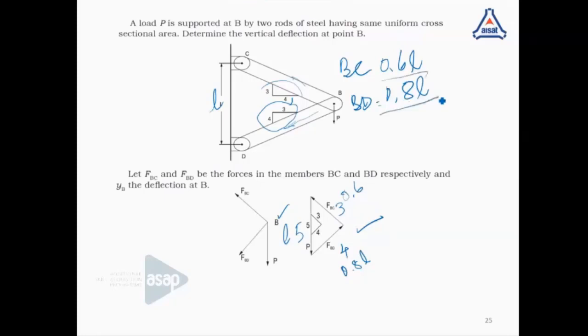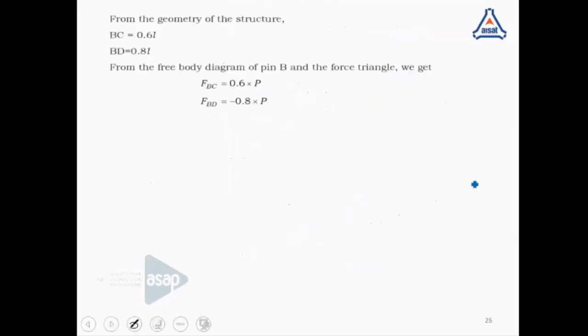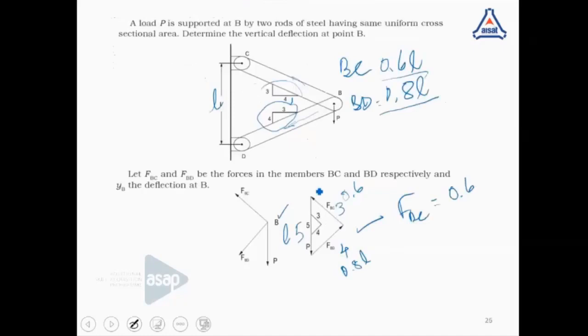Using the same approach, FBC is equal to 0.6 into P, where P is the applied load acting along the line shown here.